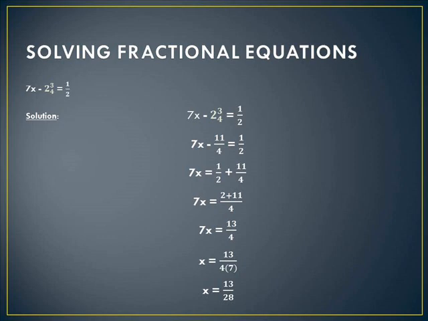Well, we can rewrite 2 over 4 plus 11 over 4 as 2 plus 11 over 4, that is equal to 13 over 4. On the left hand side, as 7 is being multiplied by x, when transposed to the right hand side, it will be divided over there. So we have x is equal to 13 over 4 into 7. 4 into 7 is 28, so our final answer is 13 over 28.